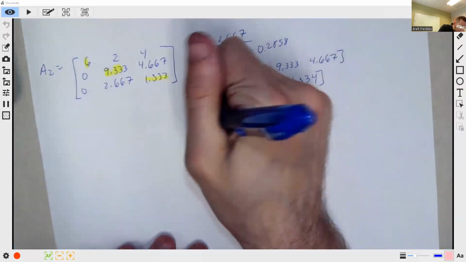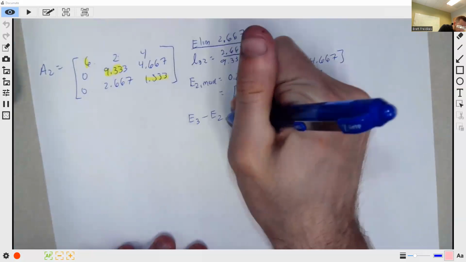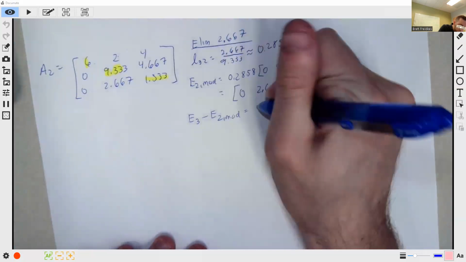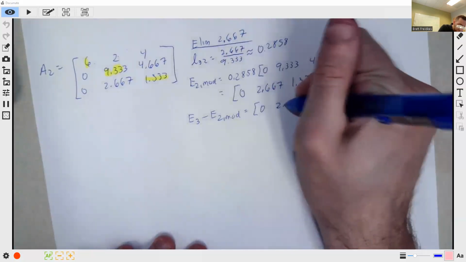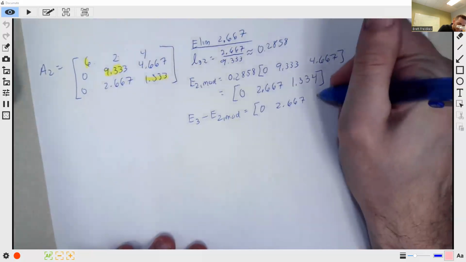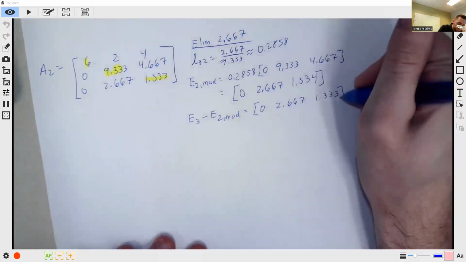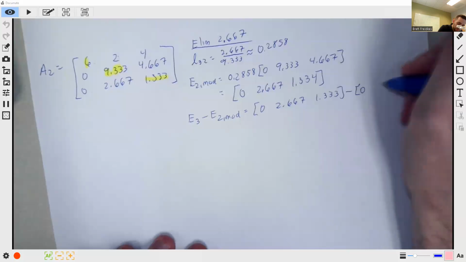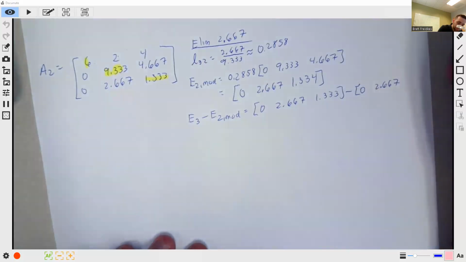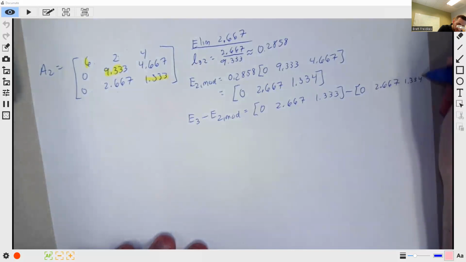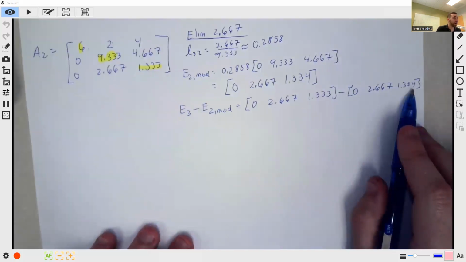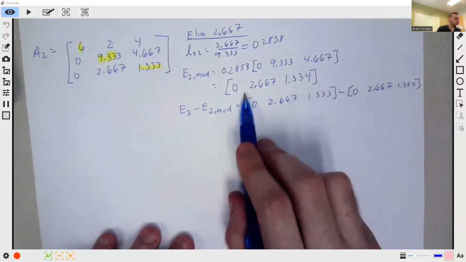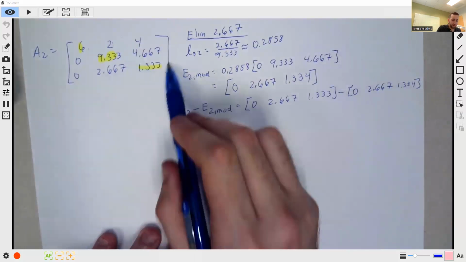Then what we'll do is E3 minus E2 mod. E3 is 0, 2.667, 1.333 minus 0, 2.667, 1.334. Again, do the rounding. So E3 was this guy.